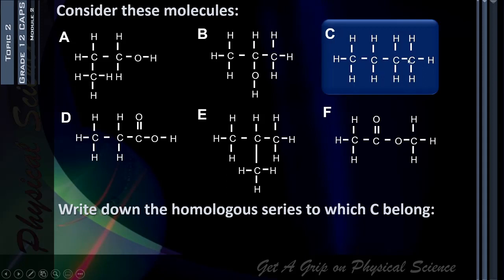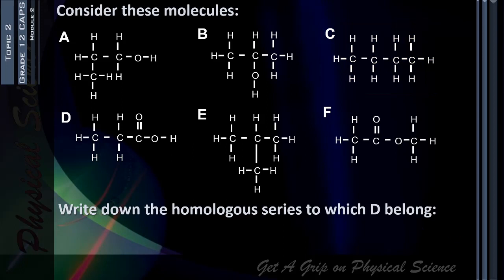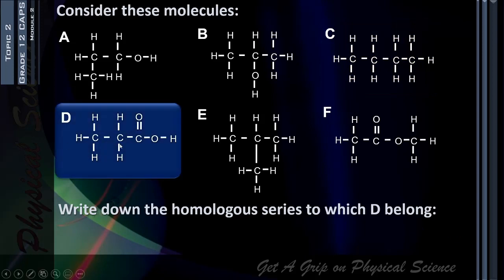C only has single bonds between all the carbons and hydrogens. So C is an alkane. The functional group for D is the carboxyl group on the last carbon. So there's a double bond O and an OH on the last carbon, so D is a carboxylic acid.